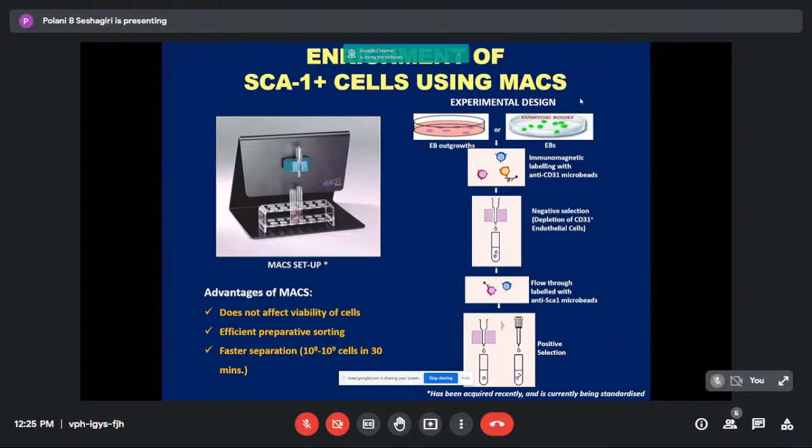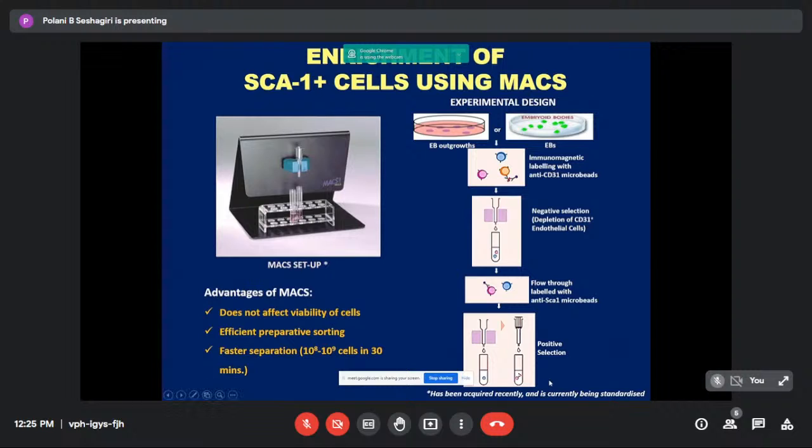So basically what it means is that you can have an antibody to a plasma membrane protein, and those antibodies can be tagged with a magnetized particle, which will get attracted under the influence of a magnetic field.